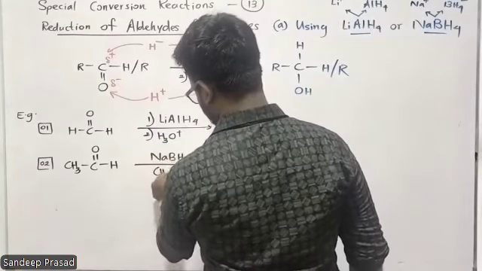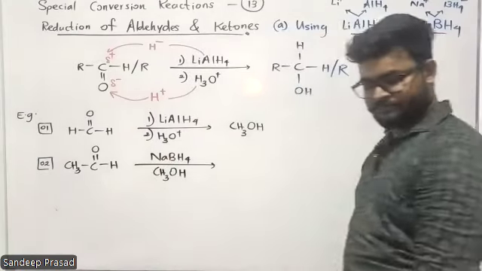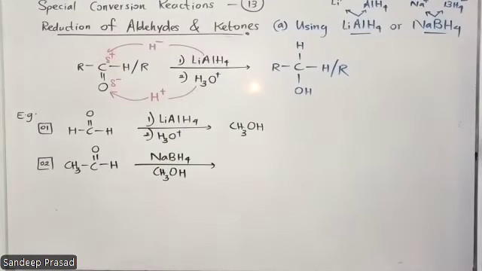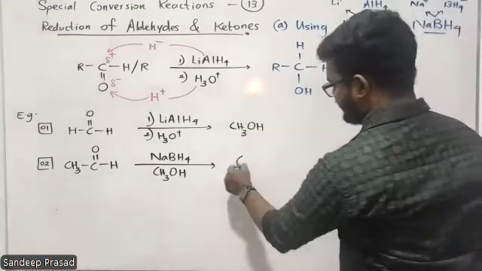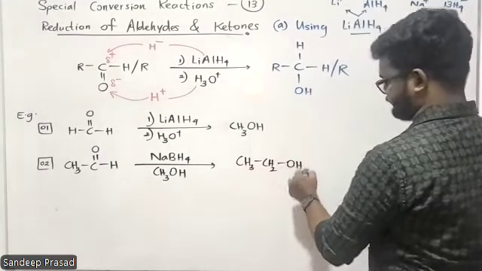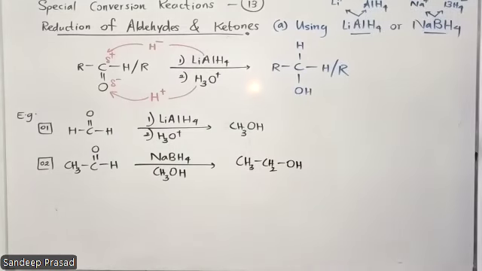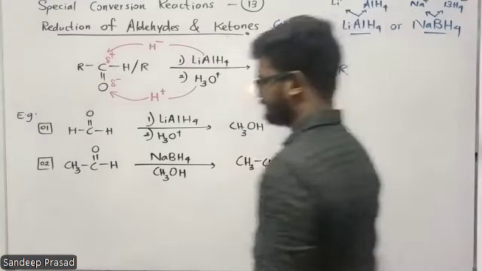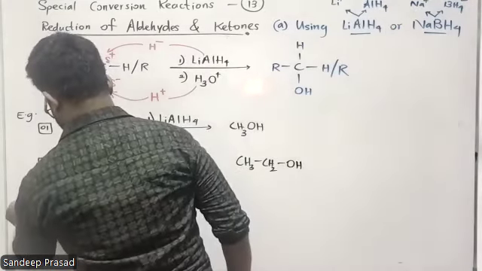Sodium borohydride is reacting with methanol, then it is producing CH3CH2OH. Number 3.